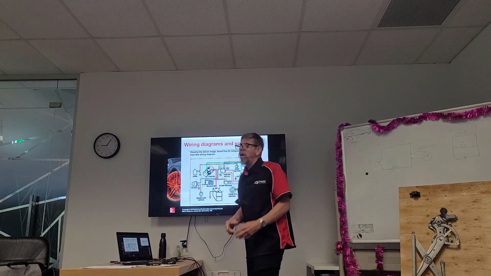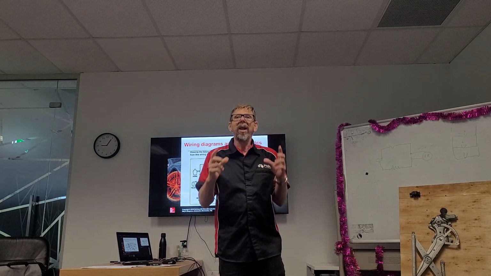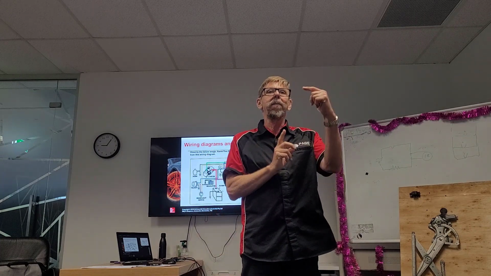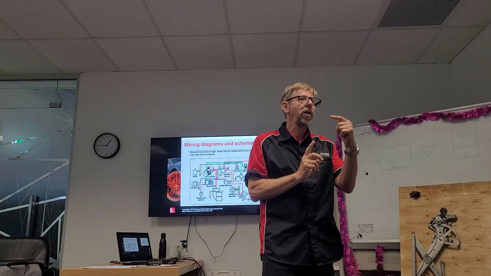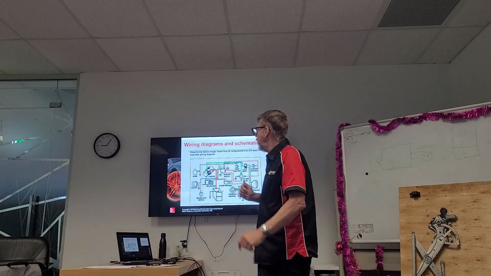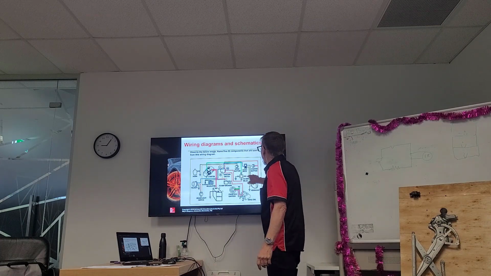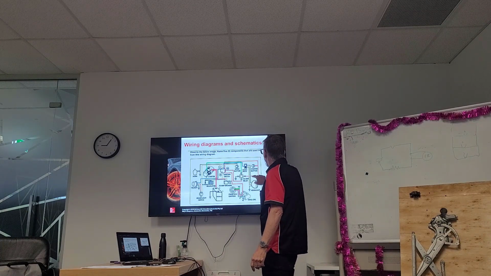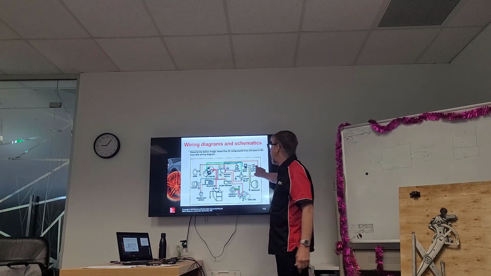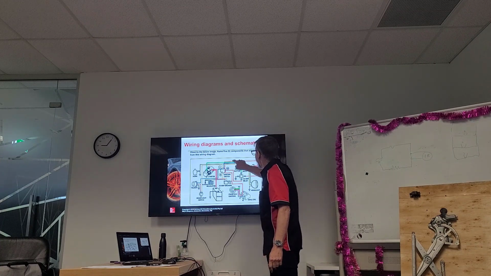Who knows what a relay is? A relay is a solenoid switch, okay? It has to have power to the solenoid to pull the switch closed or open, okay? So what controls the solenoid is along this circuit. What's that? Starter button. Come back.